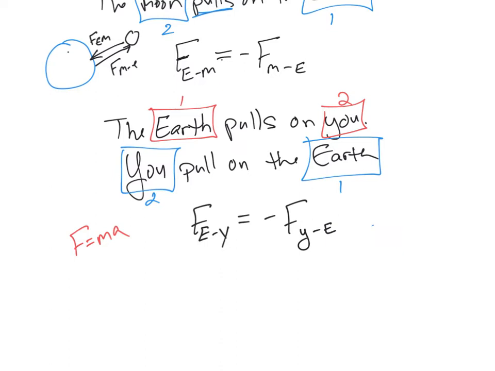Well, compared to the earth, you probably have a really little mass, and compared to you, the earth has a really big mass. So what's happening here? Well, your little mass has a big acceleration towards the earth, and the earth's big mass has an itty bitty, can't even tell it's happening, acceleration.